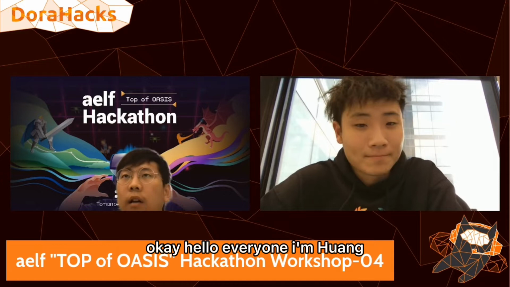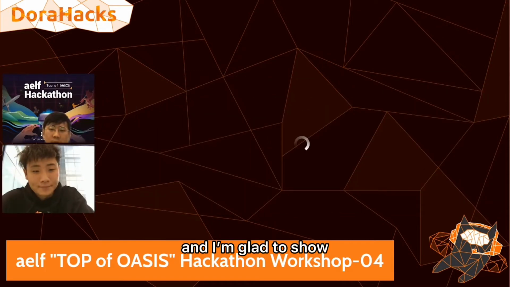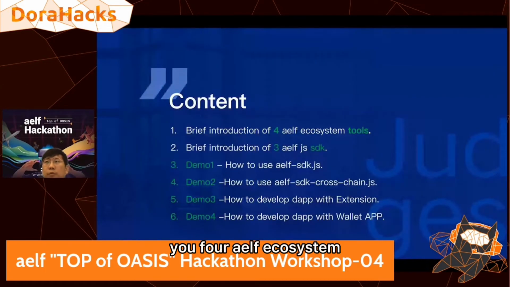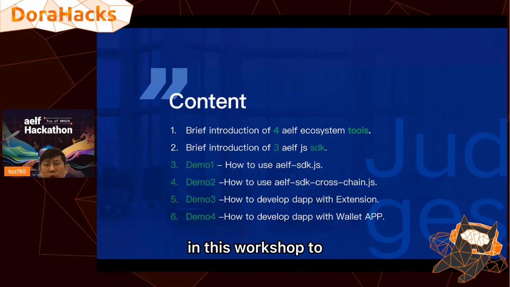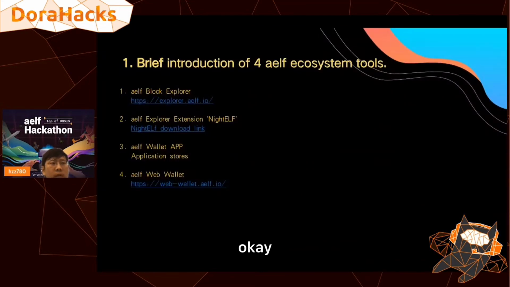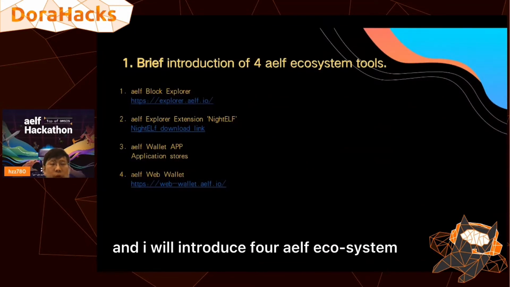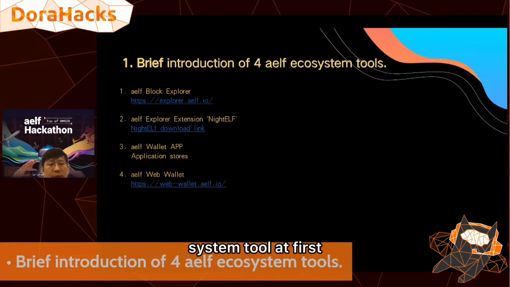Okay. Hello everyone, I'm Huang, and I'm glad to show you 4 ELF ecosystem tools and 3 ELF SDK and 4 demo for you in this workshop to help us develop a dapp in ELF blockchain. I will introduce the 4 ELF ecosystem tools at first.